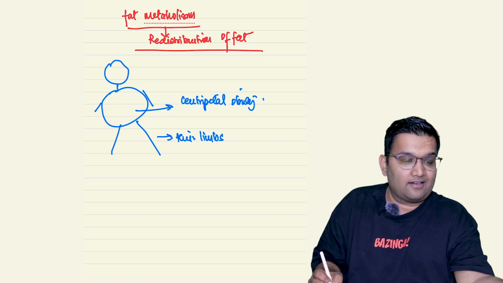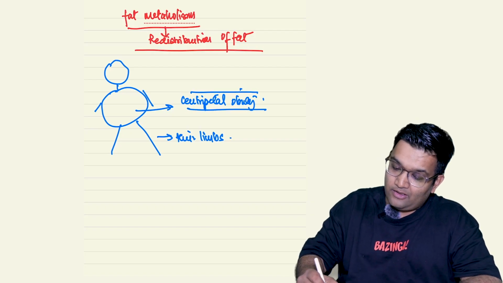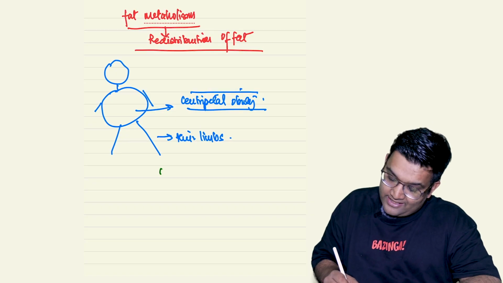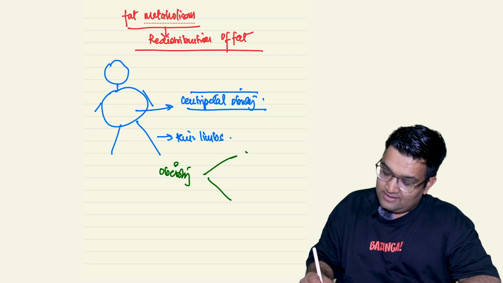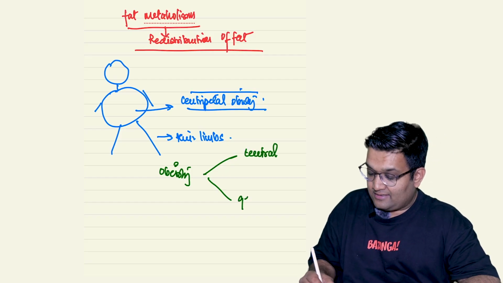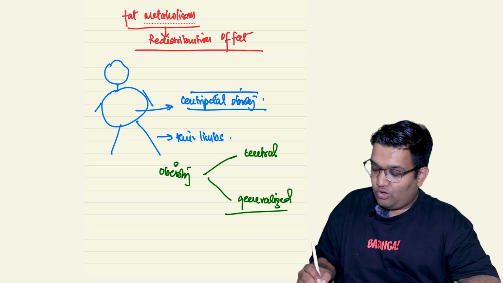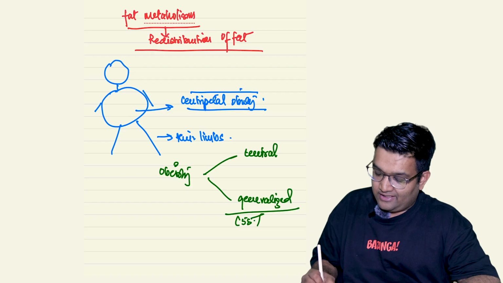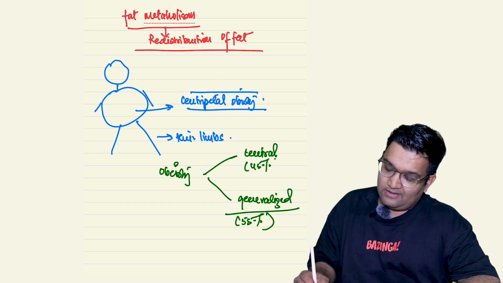Why does this occur? Why is there centripetal obesity? We need to understand that obesity is of two types: one is central and another is generalized. The generalized one is more common at 55% and central is 45%.